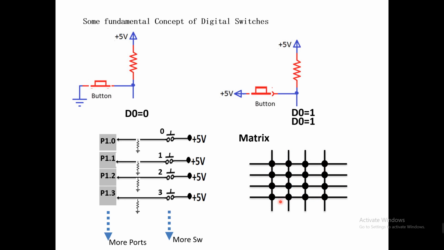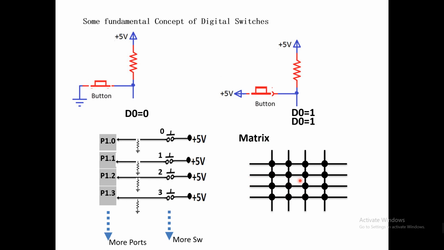And how many wires do we need to connect these 16 switches? 4 plus 4, only 8 wires. So remember, 8 wires in the form of a matrix can accommodate 16 switches. That is the efficient way.